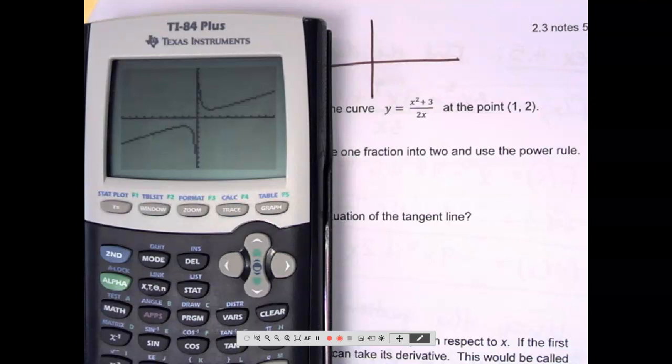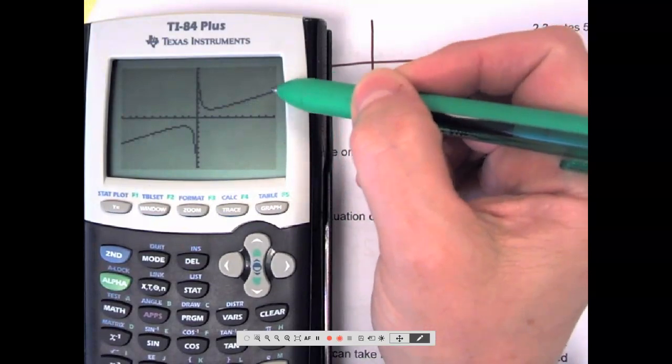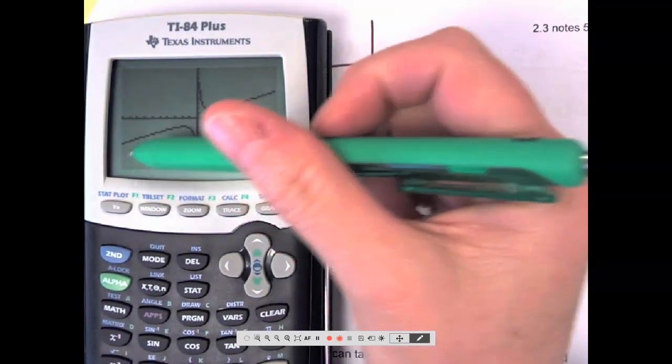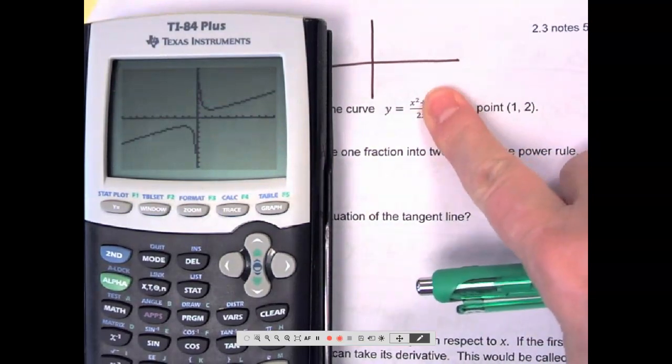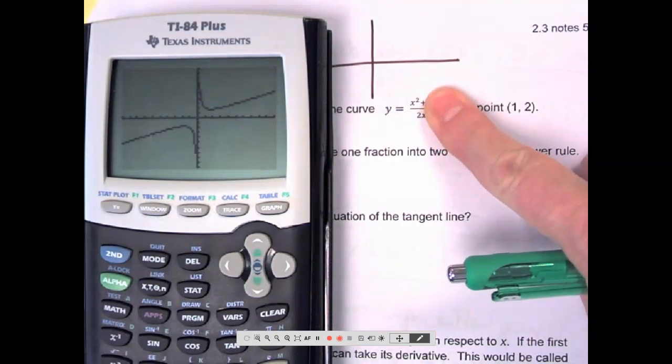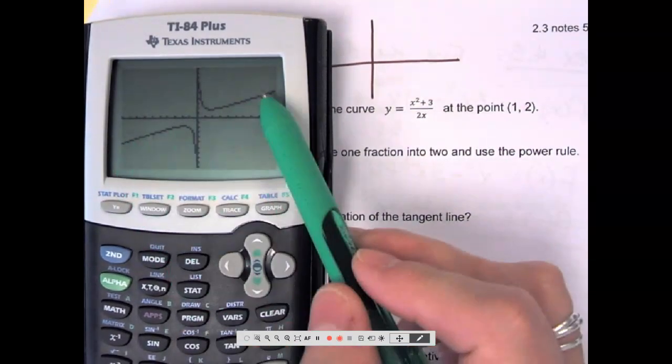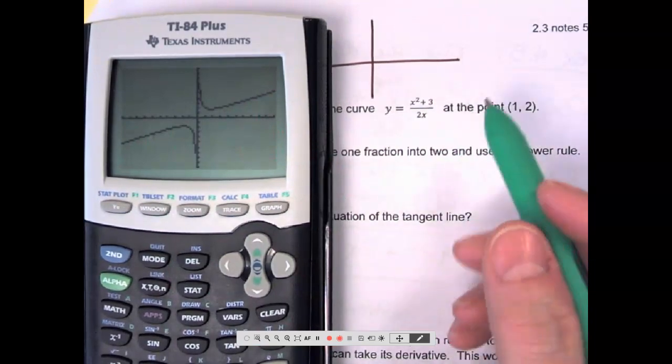Can you see what I'm talking about? See that diagonal line that cuts through it? This is approaching infinity as x approaches infinity, and this is going to negative infinity. So the end behavior is like the line 1/2 x, and I'm getting 1/2 x from dividing the highest degree term over the highest degree term. That's why the end behavior is linear in fashion.